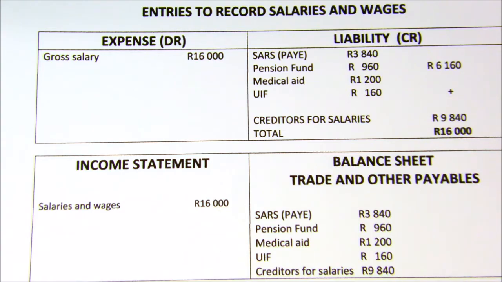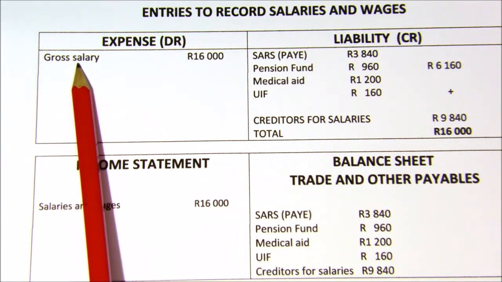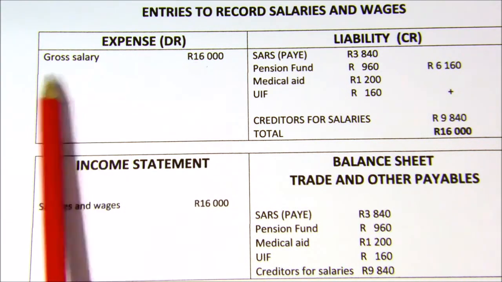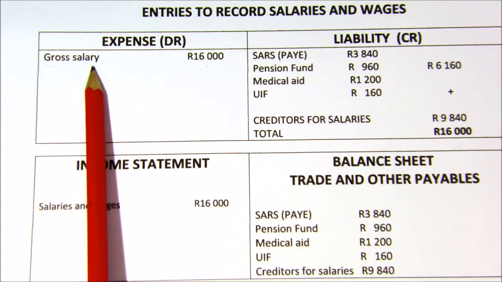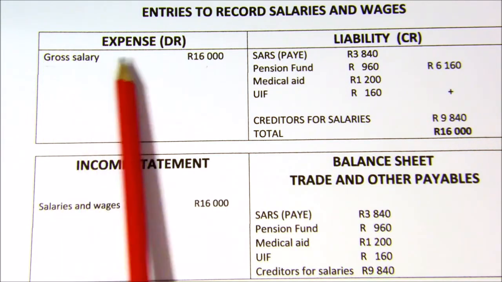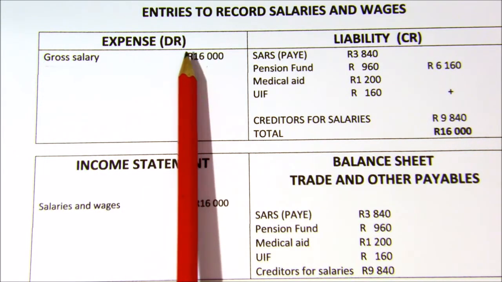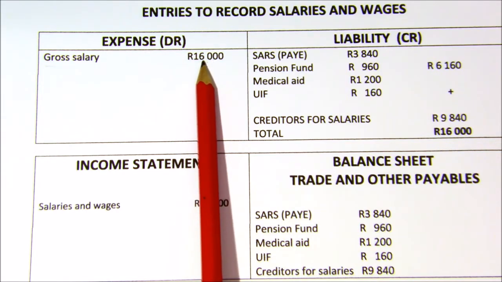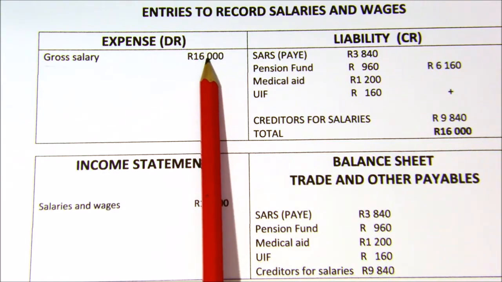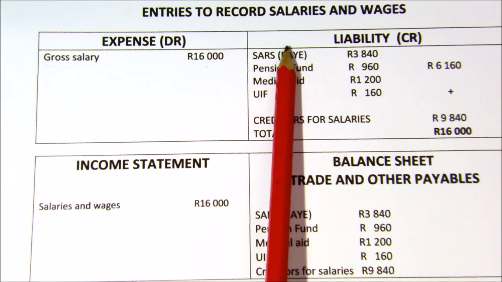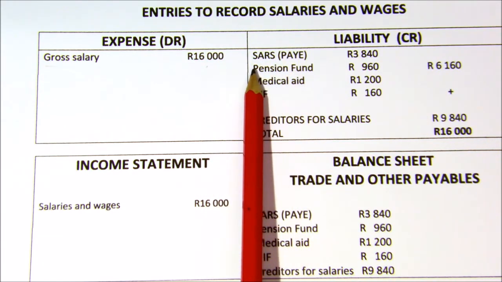So I've taken an example where you're given a gross salary of 16,000. Now that is his total salary. That's what the person is employed at, 16,000. Under the regulations of the country, he doesn't get given the whole 16,000. The company has to make certain deductions off that before he gets paid.